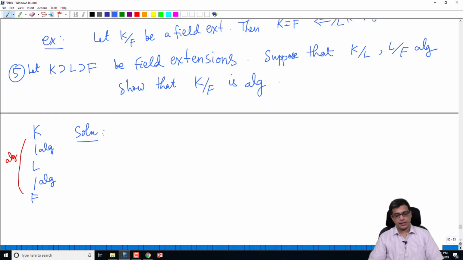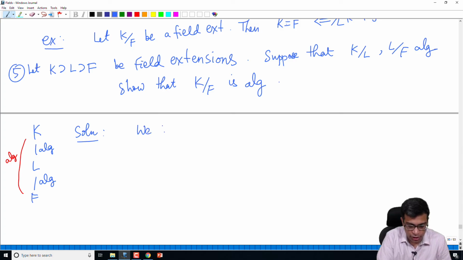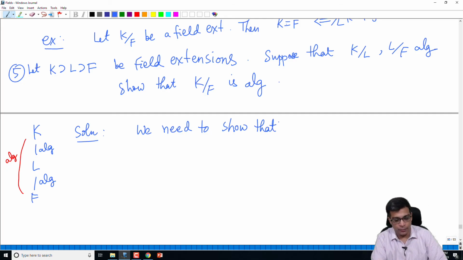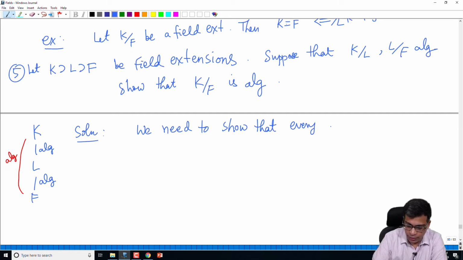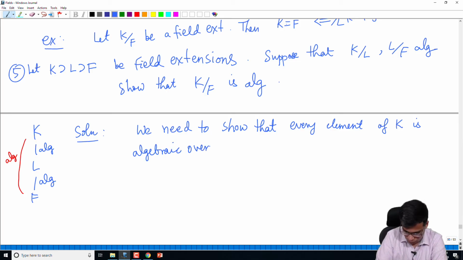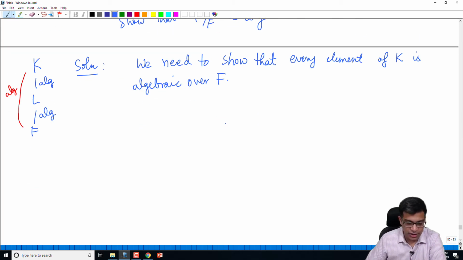So this is also easy. This uses something that we have done in one of the previous videos. So we need to show that, what is an algebraic extension? It is an extension where every element is algebraic. We need to show that every element of K is algebraic over F. So let us take an arbitrary element.